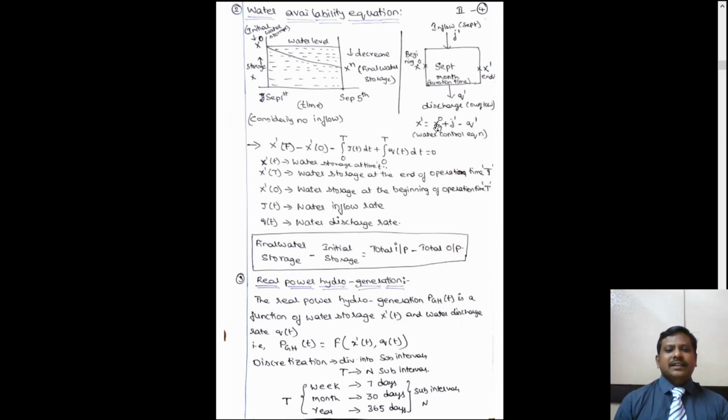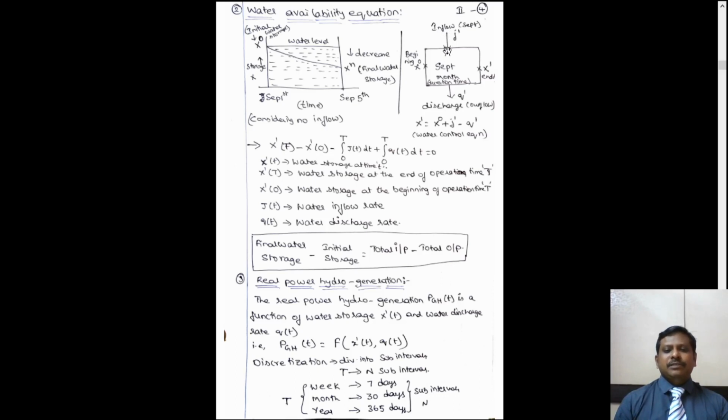Which is given as q dash. Now you can see here x dash is equal to x naught plus j dash minus q dash. It is nothing but final water storage minus initial water storage is equal to input minus output. This is your input to the water tank, and the discharge is the output.